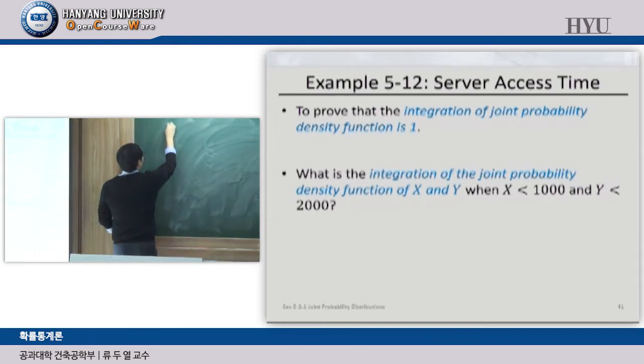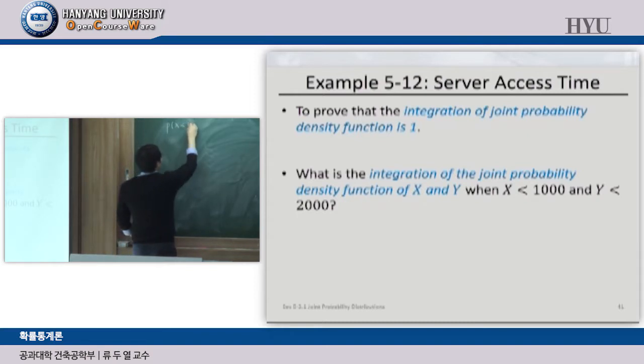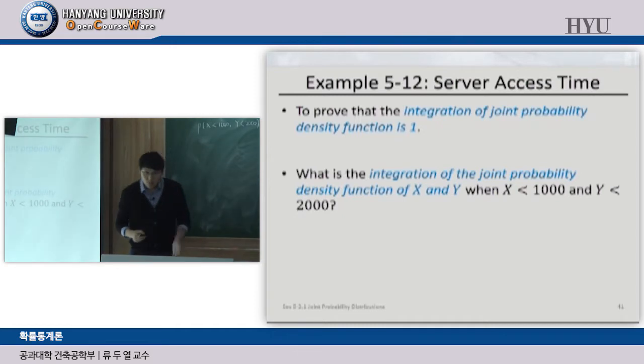And here we have to calculate the probability of x when x is smaller than 1000 and y is smaller than 2000. Okay? And in the continuous case, this is equal to this, right?